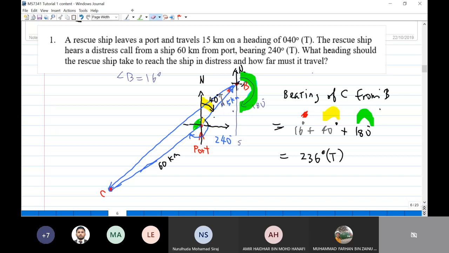Because I know the bearing of P from the port is 40 degrees, I know this angle is 40 degrees. So this angle is also 40 degrees, and this angle also 40 degrees. That's why the yellow one is 40 degrees.